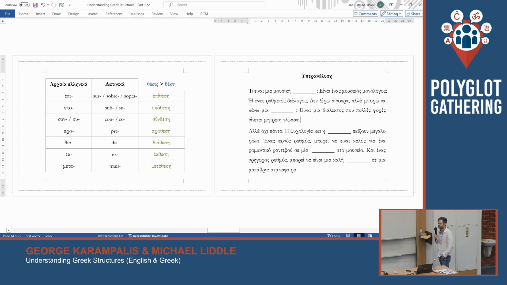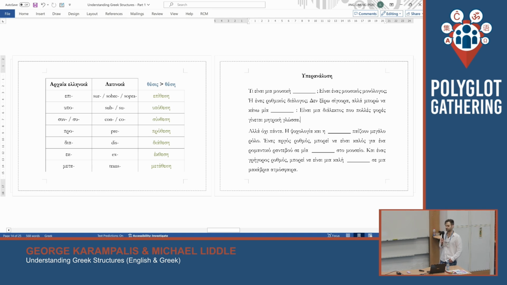How would you translate έκθεση into... Is there anything more relevant to music that ends with position?